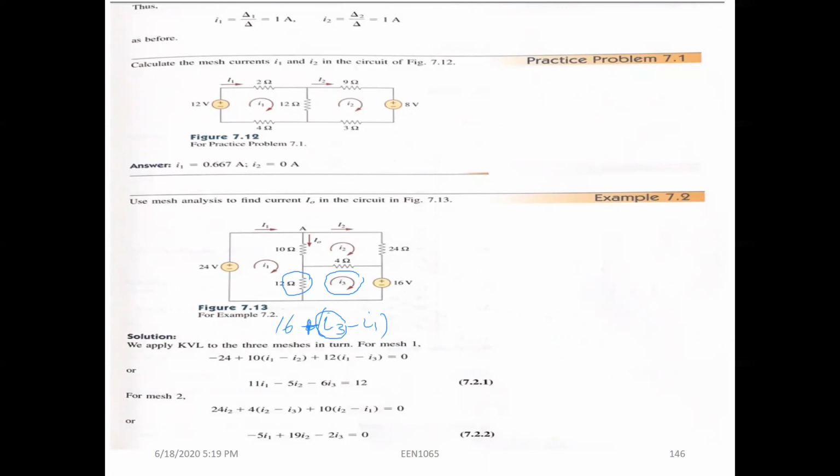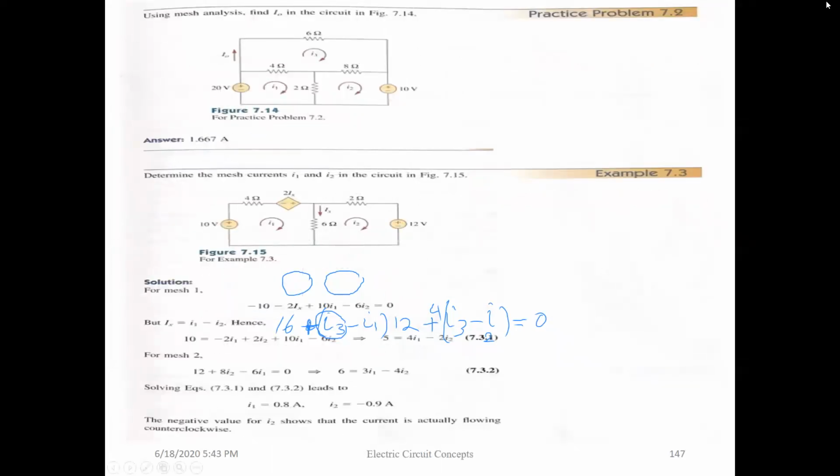I3 minus I1 times 12, and then for the 4, same thing: I3 minus I2 multiplied by 4 equals 0. Then we can rearrange the equations and have I1 first, then I2, then I3 equal to negative 16. So you will have the three equations.